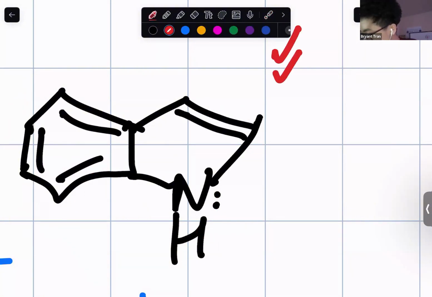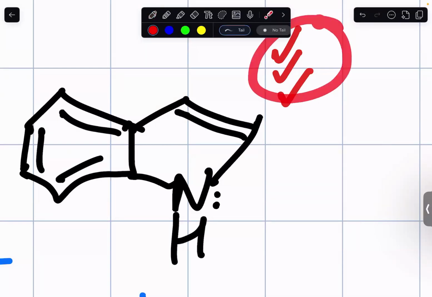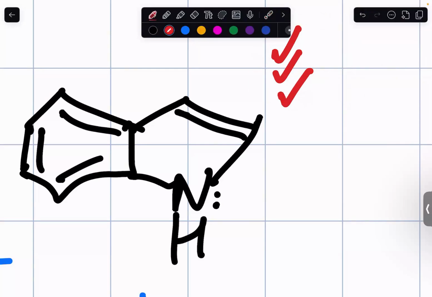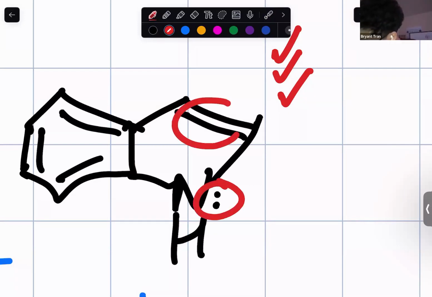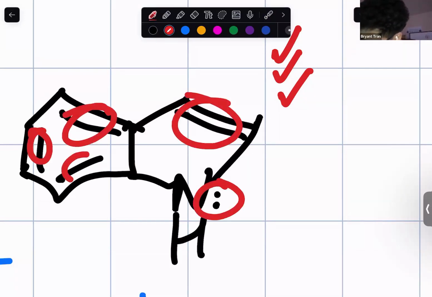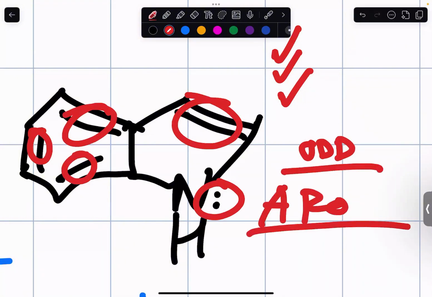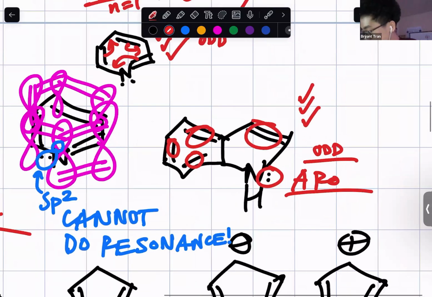It is fully cyclic and it is fully planar as well. So all three conditions are fulfilled. Okay, there are 5 pairs of electrons. 1, 2, 3, 4, 5. Odd pair. Aromatic. Nice. Okay, so that's how we do that one.